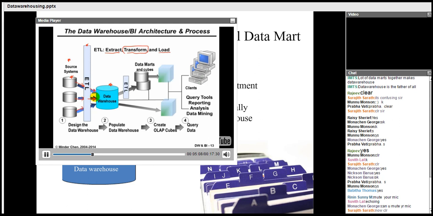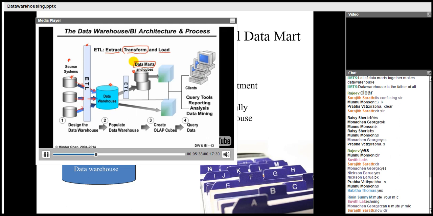So data warehouse is enterprise-wide in nature, but sometimes, let's say the finance department or the registrar's office, like in our university, need to look at enrollment data, need to look at student payment. We may actually create a subset of the data from our data warehouse into something called data mart.